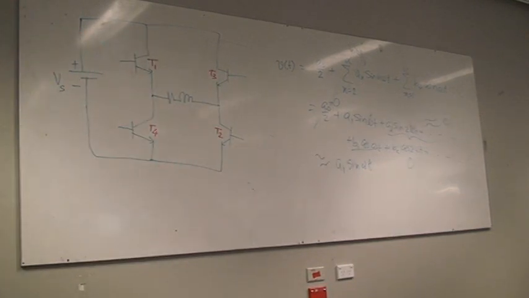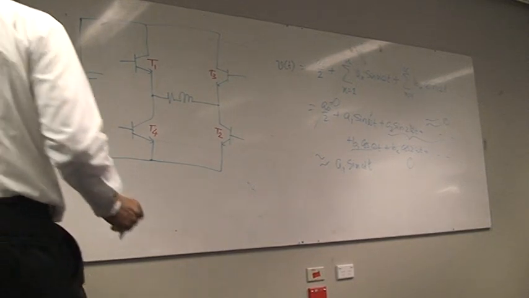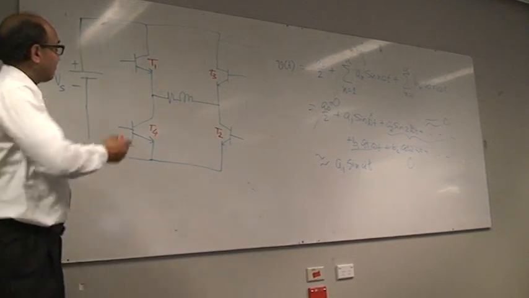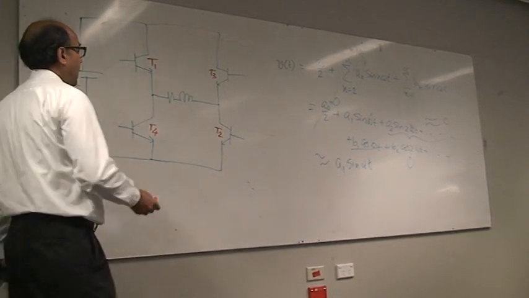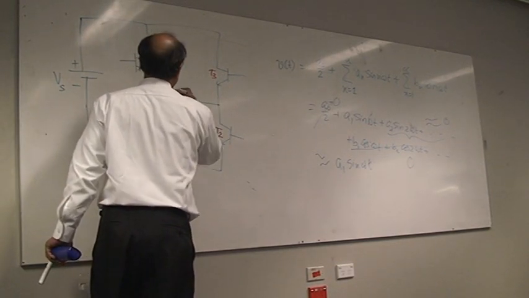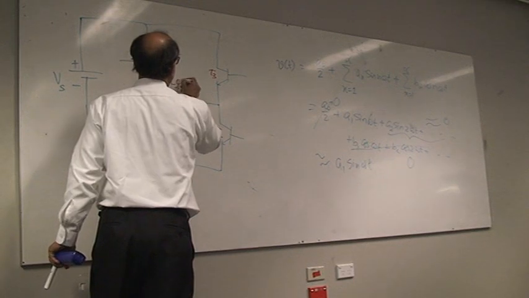So there are 4 transistors connected in the form of a bridge. Each leg has 2 transistors in series, and the node point is connected to the load.